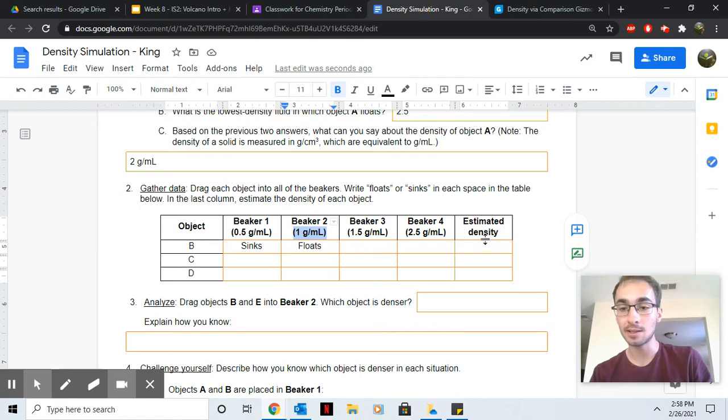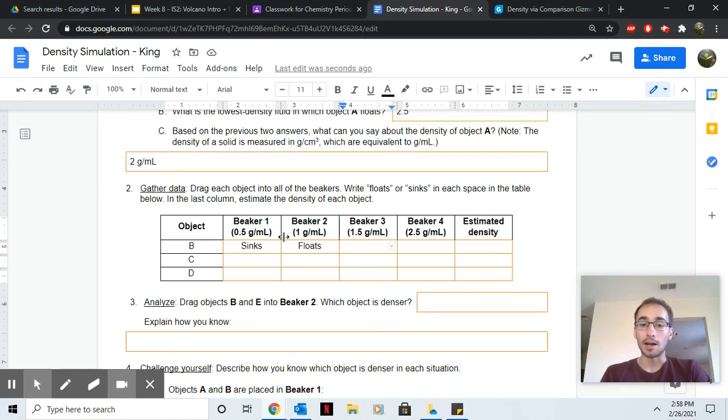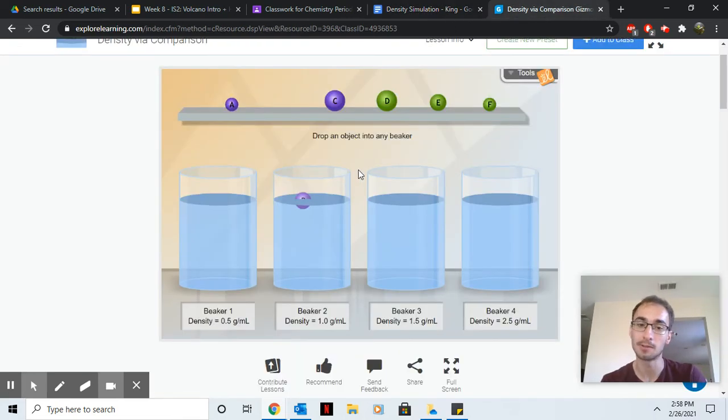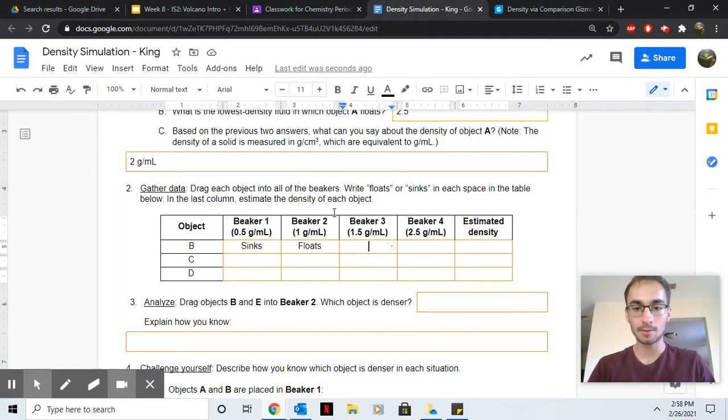So my density here should be between those numbers. Okay? I know also if it's floating in 1, the density is going to keep going up, so it should float even more in the other two. And what I mean by that is more of the ball will be on the surface. Okay?